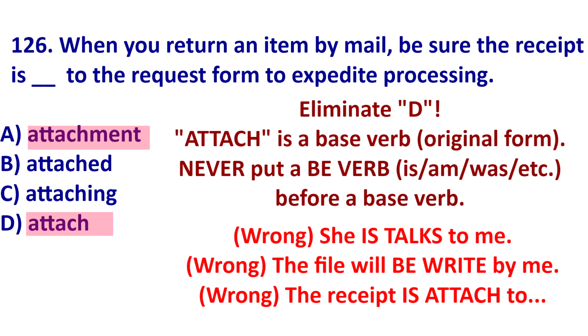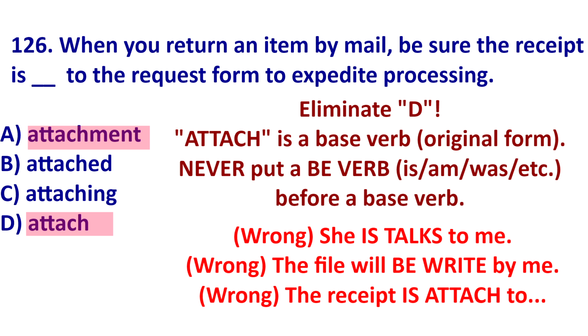Attach is a base verb, the original form of the verb. You never go be verb "is" plus a base verb. For example, if I say "she is talk to me," this is wrong because talk is a base verb. I could say "she is talking to me."